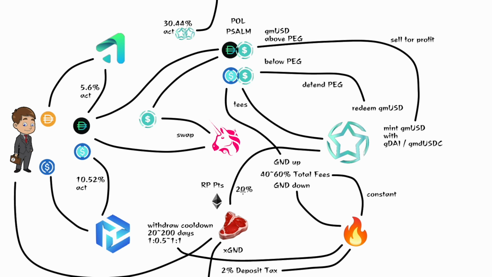Now, it also says 20% of the total fees or the total revenue of this protocol will be used to pay the ex-GND holders with ETH. So they will use it to accumulate ETH and give ETH to these GND token holders. And it says it uses an RP point system where basically the longer you're in, the better your share.